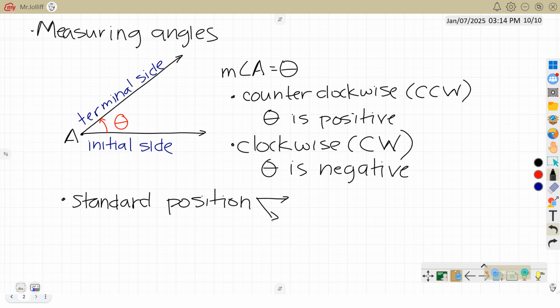First, that its vertex is at the origin. The angle itself is sitting right smack in the middle of the coordinate plane. And that its initial side sits on the x-axis.